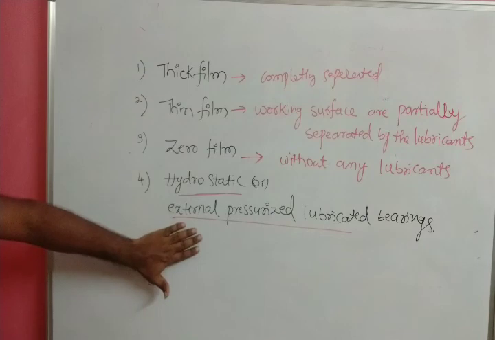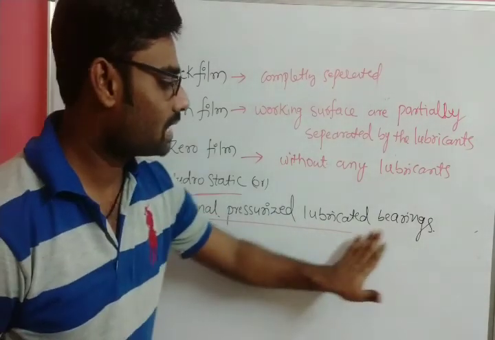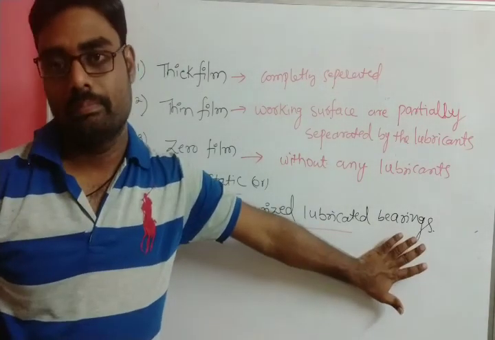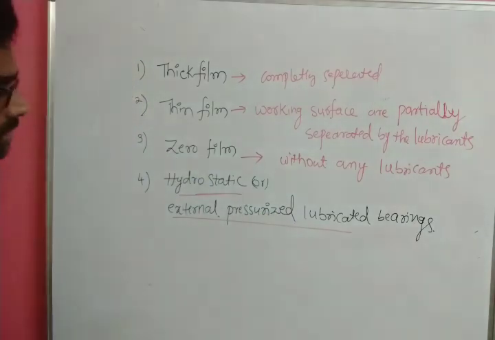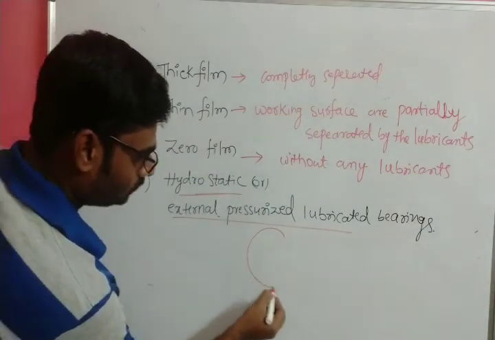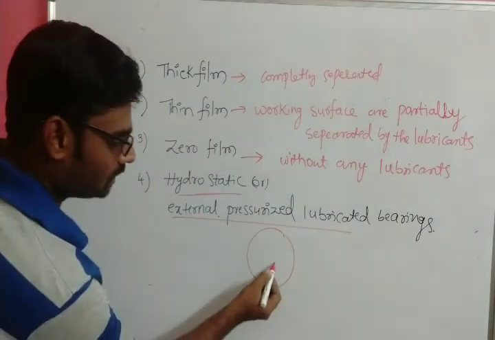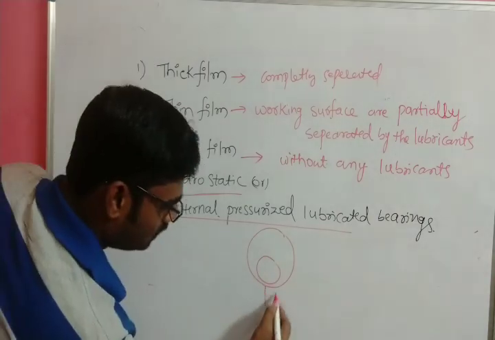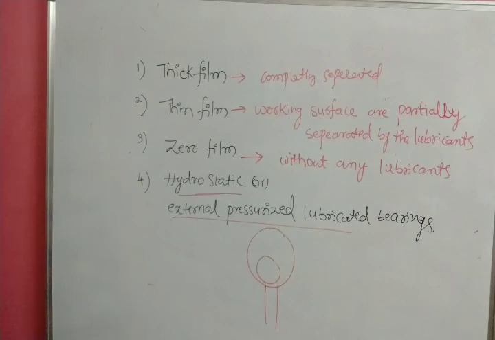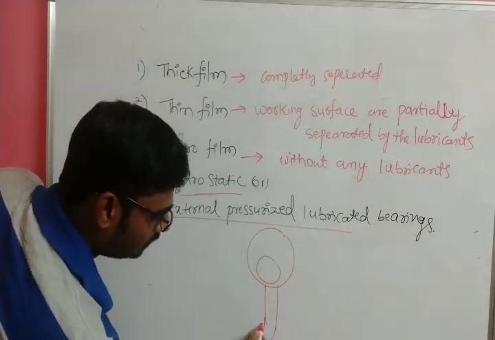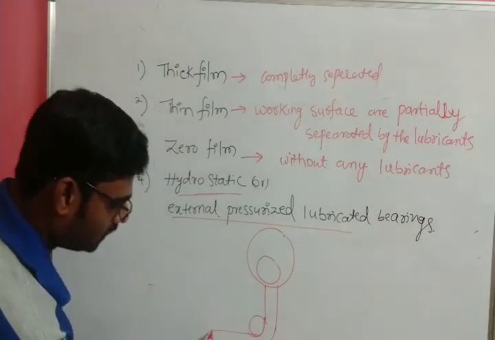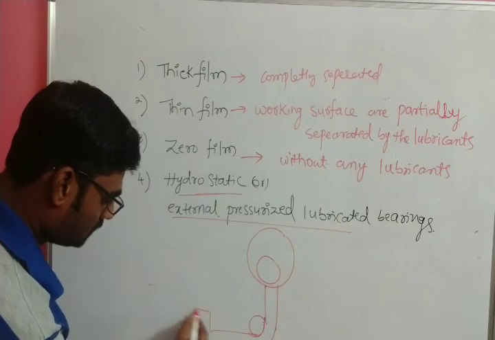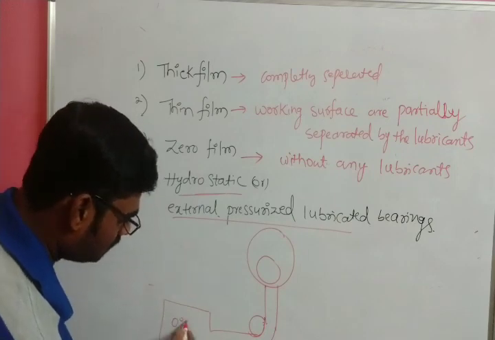By applying external pressurized lubricant. Here is the bearing, then the journal, connected to a pump, and this pump is connected to the oil sump.